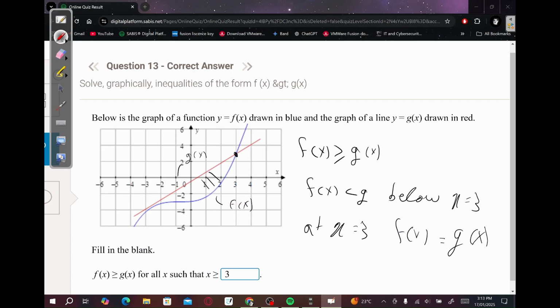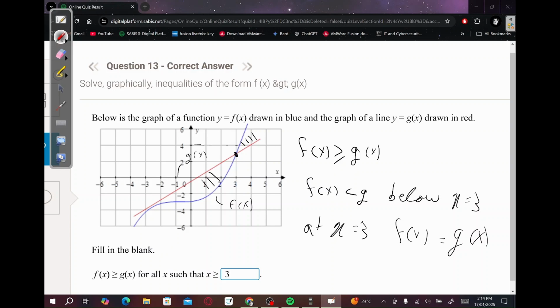However, after x equals 3, so greater than or equal to x equals 3, here, you're going to see that the blue line is higher than the red line. The y value is bigger. So as you can see here, at x equals, that looks like 3.5, it looks like f of x was 4. Meanwhile, g of x was slightly less.